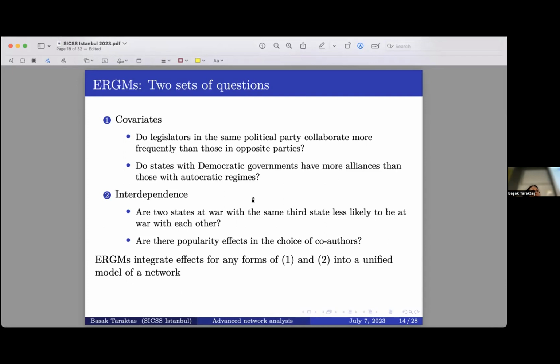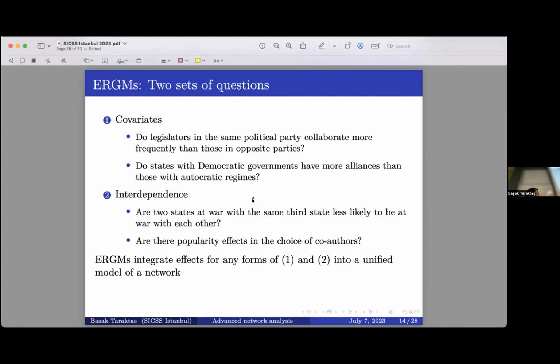This question is a good one to test the democratic peace theory, which suggests that democratic governments don't go to war with one another. So that's one way of studying this. Here we're looking at whether similarities drive certain outcomes.